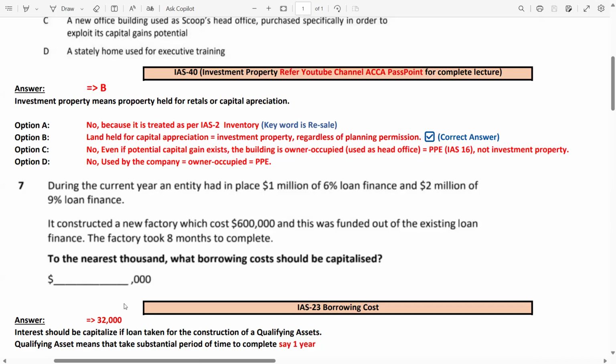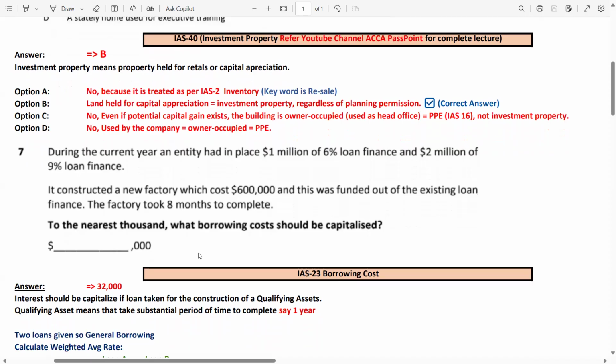And in case of general borrowing, you have to calculate the weighted average interest rate. Once you calculate the weighted average interest rate, that rate will be applied on this cost in order to calculate the interest which should be capitalized. Now the question is how to calculate the weighted average rate.